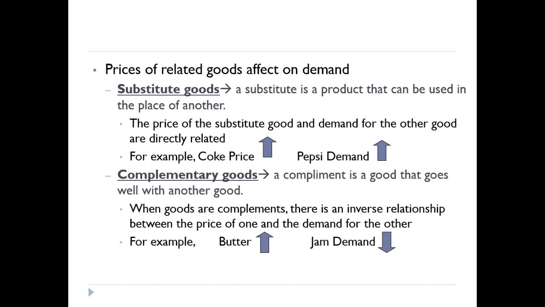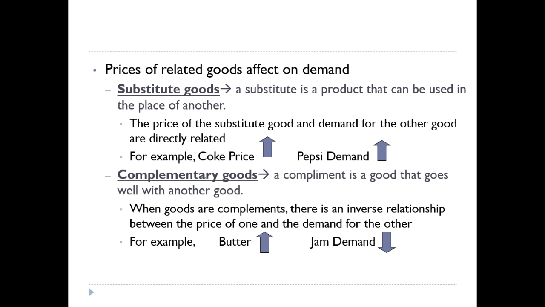Okay, so for complementary goods, we can say butter and change it into bread and butter. So that is a complementary good, right? Instead of jam, you make it bread. Okay, butter and bread. When the price of butter is going up, what will happen?